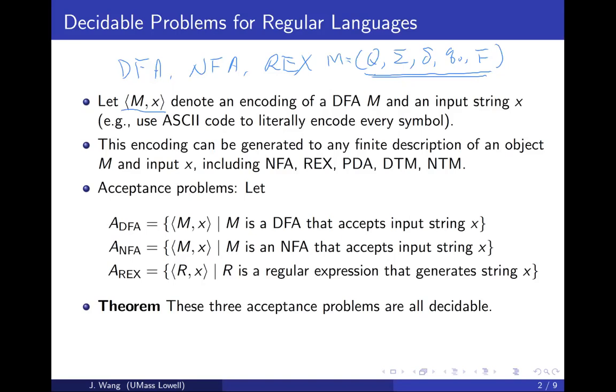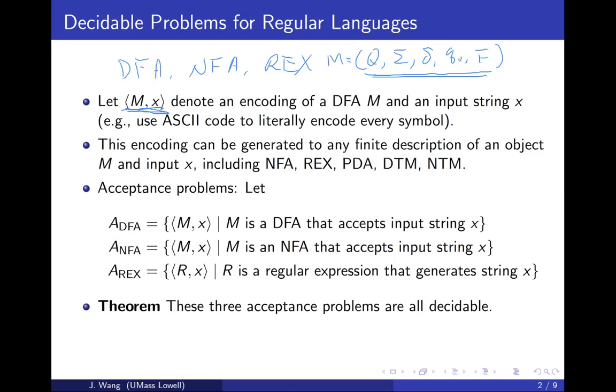The first object would be either a DFA, NFA, or regular expression, or some other things such as pushdown automata, context-free languages, deterministic Turing machines, or non-deterministic Turing machines. Also, when a Turing machine is presented with an encoding, we assume that the Turing machine has a decoder built in, so we don't explicitly mention decoding.